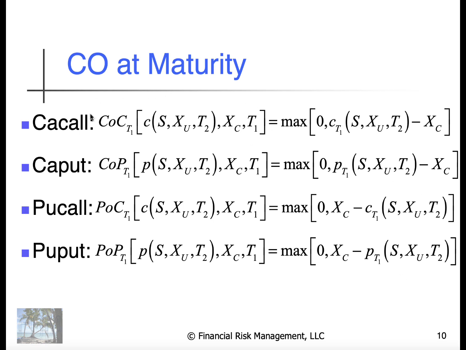And so a call on the call is simply the maximum of 0 or the value of the call option at T1 minus the exercise price of the compound option. A call on a put is the put minus the compound option strike price. A put on a call is the strike price minus the call. And a put on a put is the strike price minus the put. And so these are the boundary conditions.